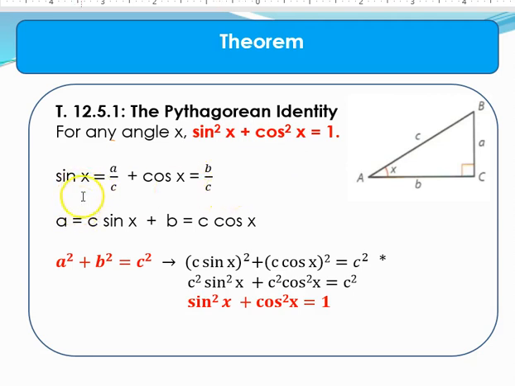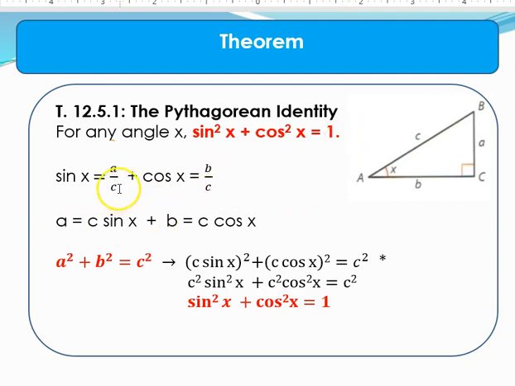So what they've done is enter the trig ratios into this equation. Instead of just saying sine squared x, we can now say essentially a over c, and cosine x would be b over c, equals 1.